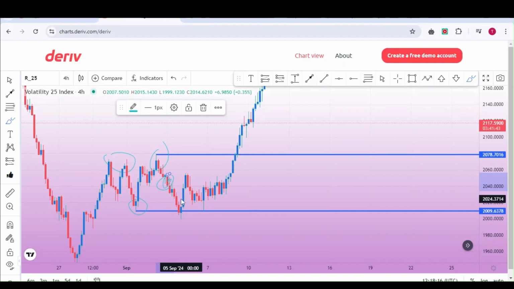The second step is all about confirmation. Once the price dips below the swing low, as it is here, but fails to hold there, it's time for confirmation.